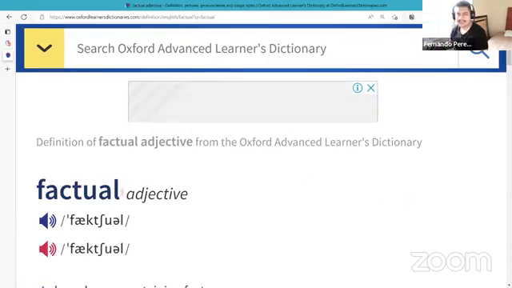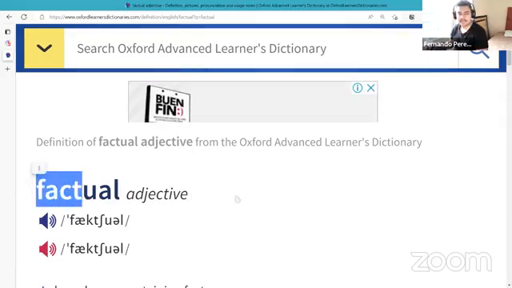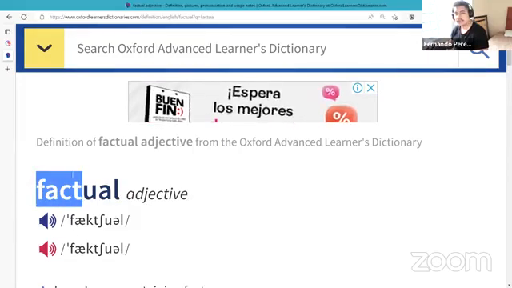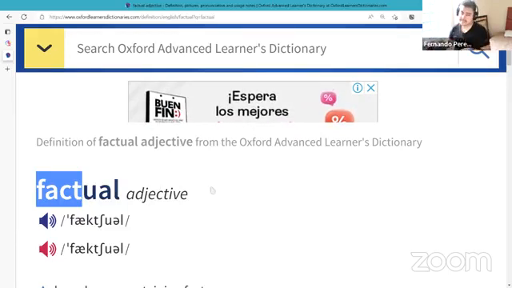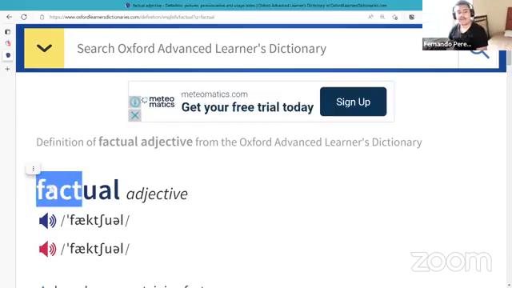So it's not fast. Something we need to think about is word formation. Word formation is one word plus a suffix. Here we are talking about the word fact, right? What is a fact? Some piece of information that is true, right?